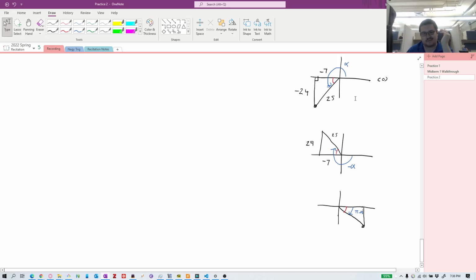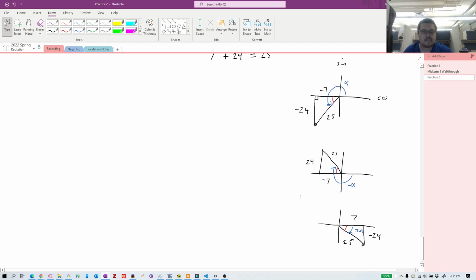If you happen to just know that, then you can shortcut this intermediate value. But because I'm trying to construct these things on the fly, I didn't know that. But let's label things. So we have 7, negative 24, and 25. And so you can see this is actually a reflection. Or you can view this as this, but then rotate it over.